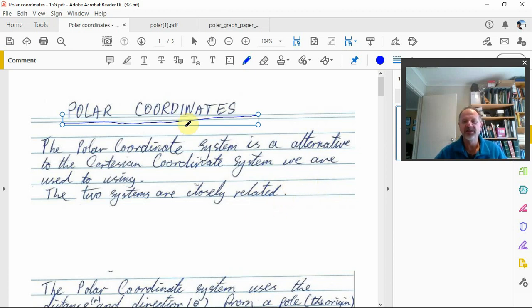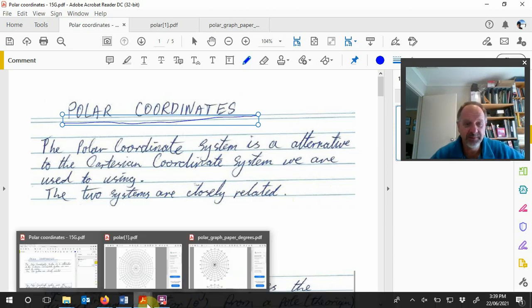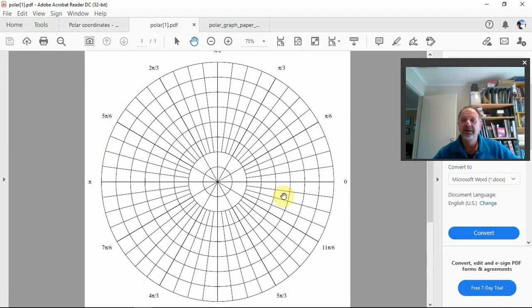But before we get to that, you can have polar graph paper, and here's an example of some polar graph paper. Here we've got the pole at the middle, and everything's measured from the pole.